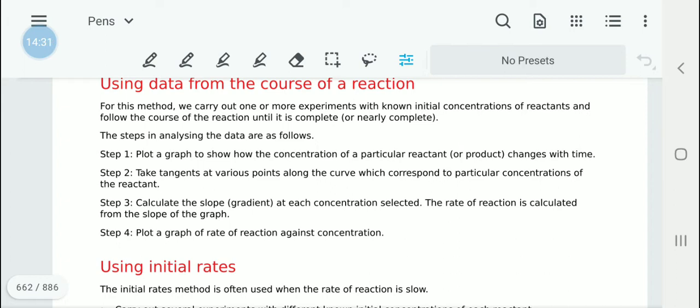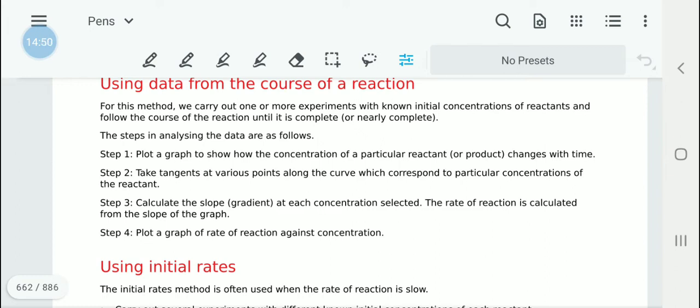Plot a graph to show how the concentration of a particular reactant or product changes with time.